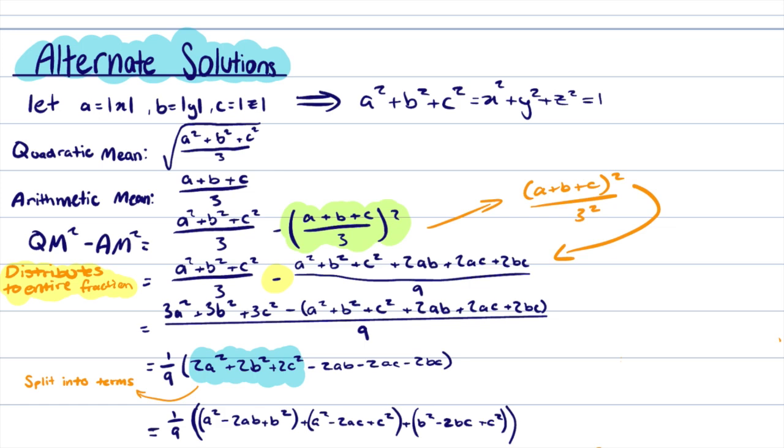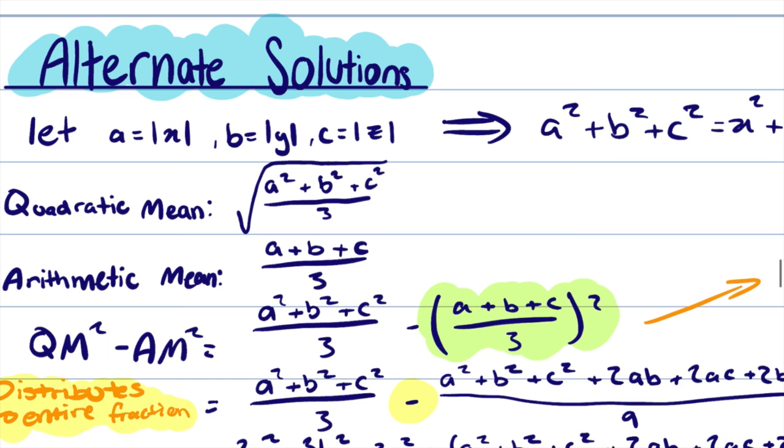The quadratic mean of these three is the square root of A squared plus B squared plus C squared over 3. It is over 3 as we have 3 terms that we're squaring to make the quadratic mean.